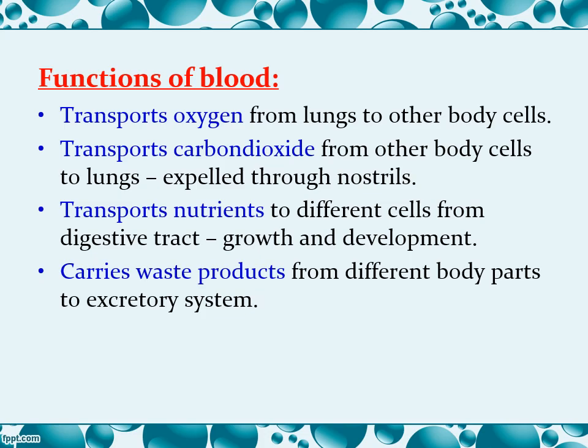So the blood carries the waste products from different parts of the body and they are sent to the excretory system. And the excretory system removes the waste products out of the body through urine or sweat. The fifth function of the blood is that since the blood contains a large amount of water, it helps to maintain and regulate the body temperature.